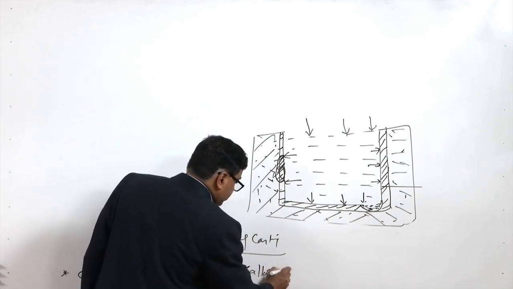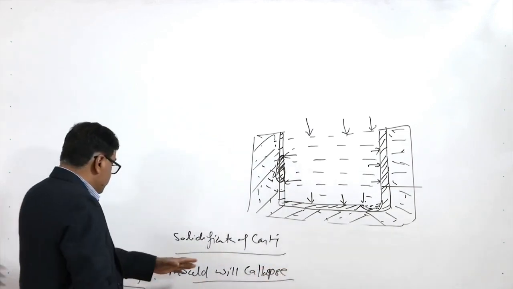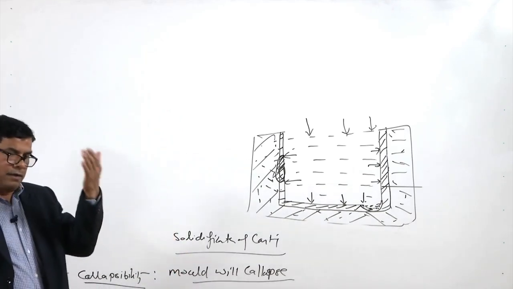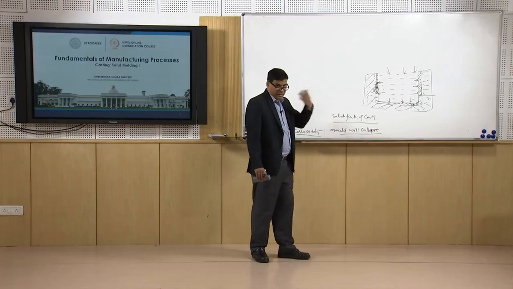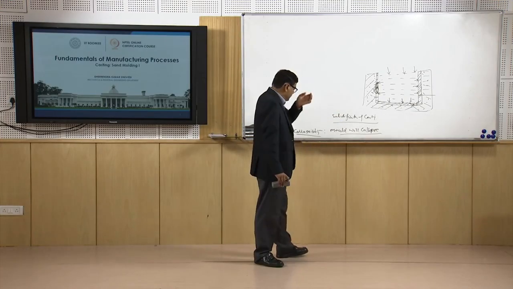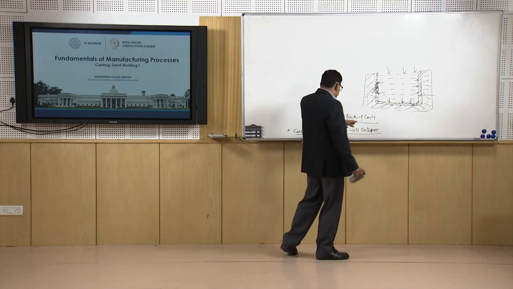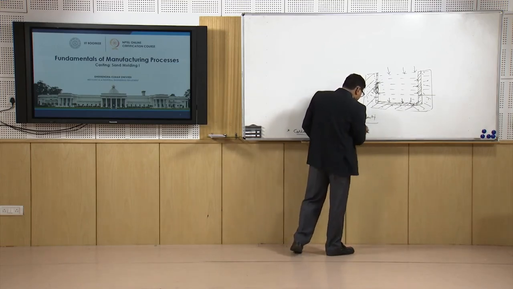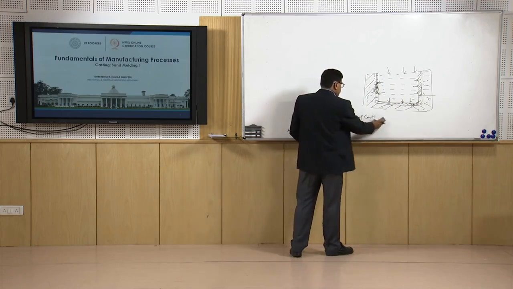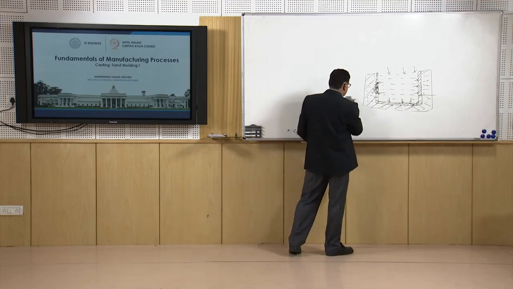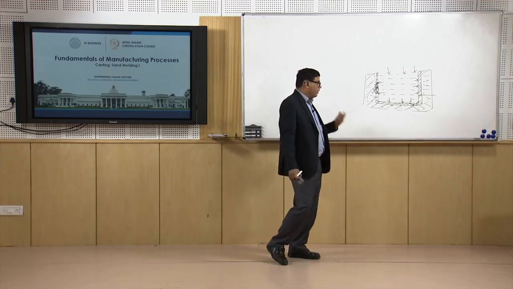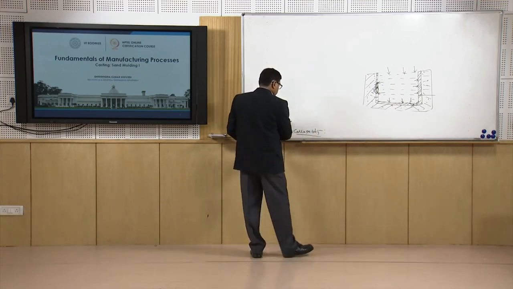The ability to collapse under either the residual stresses or externally applied stresses means the mold should collapse so that it eases out the residual stresses which are developed due to the contraction, and the casting is taken out of the mold easily after the collapse.